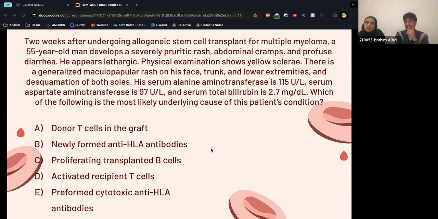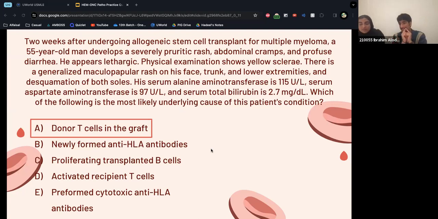The answer is A, donor T cells in the graft. What's happening in this patient? Graft versus host disease. Nice. Exactly. Good job. Could someone in simple words tell me what happens in graft versus host disease?